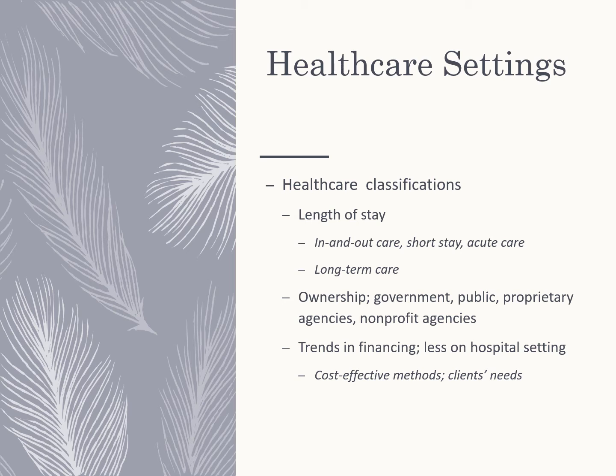Now, if we are looking at the type of ownership of the facility, we have those that are called government-owned or public facilities that receive at least some tax support for costs and are governed by federal, state, or local governments. As an example, those will be your VA hospital, mental health facilities, or visiting nursing agencies.